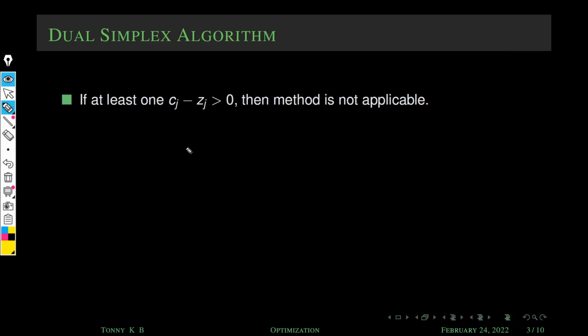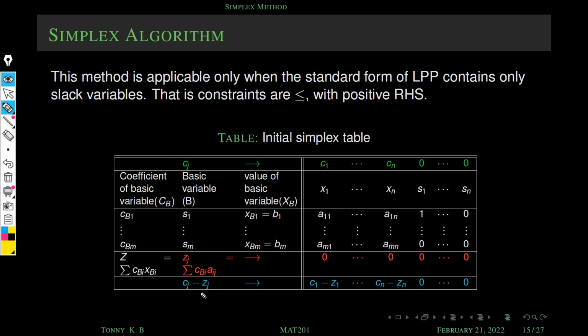Next we are going to see the dual simplex algorithm, almost similar to the simplex algorithm. The first step: if at least one Cj minus Zj is positive, then this method is not applicable. You can evaluate Cj minus Zj using these formulas, because we know the Cj's are the costs, and you can evaluate Zj using this formula.